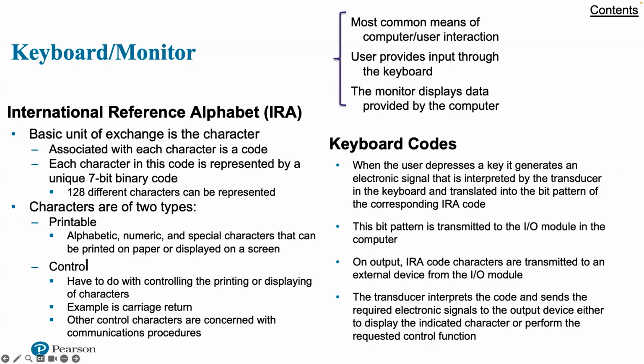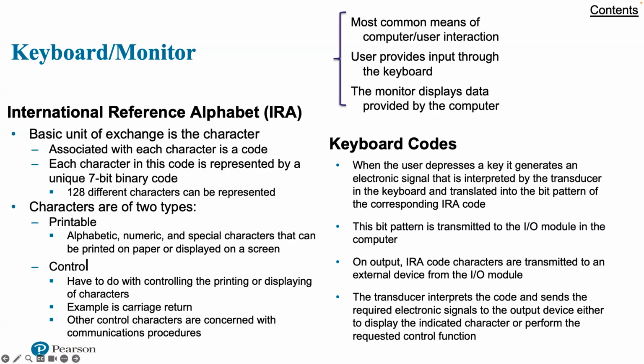The most commonly used text code is the International Reference Alphabet, IRA. Each character in this code is represented by a unique 7-bit binary code, thus 128 different characters can be represented. Characters are of 2 types, printable and control.